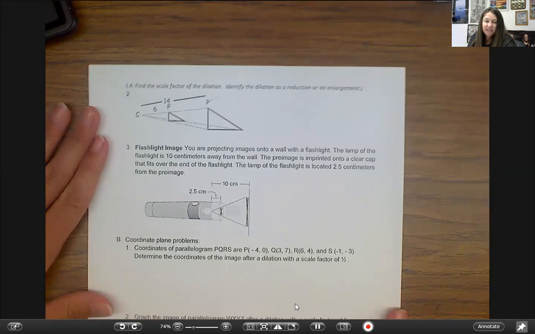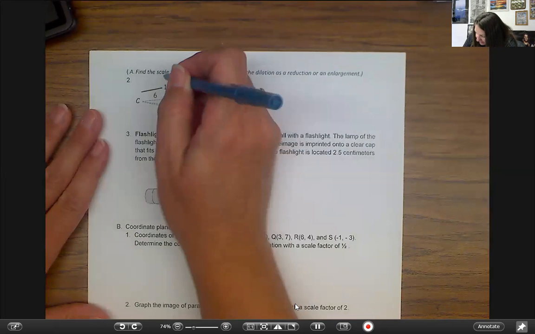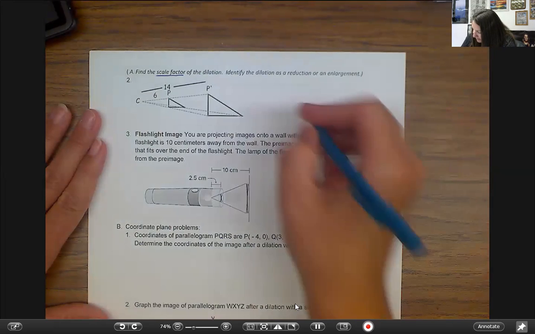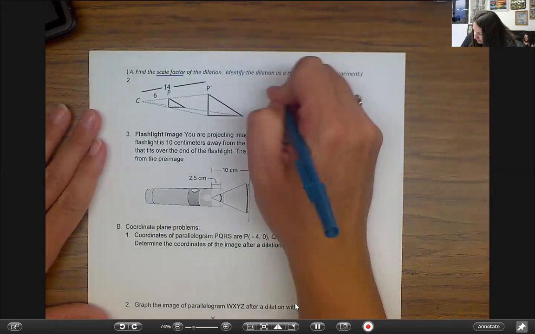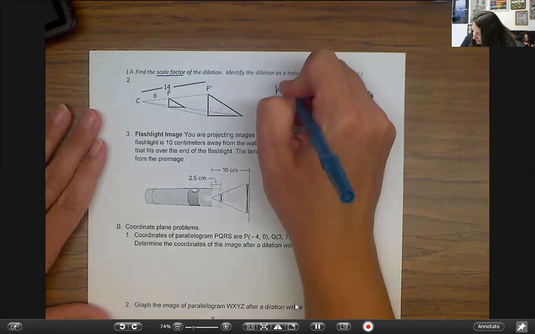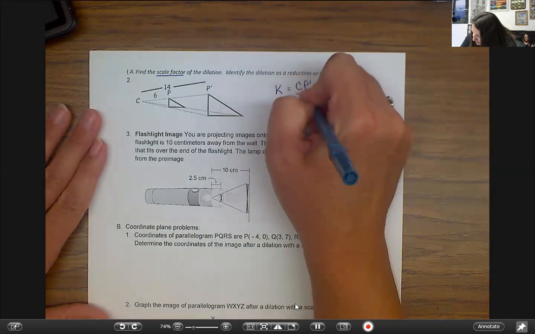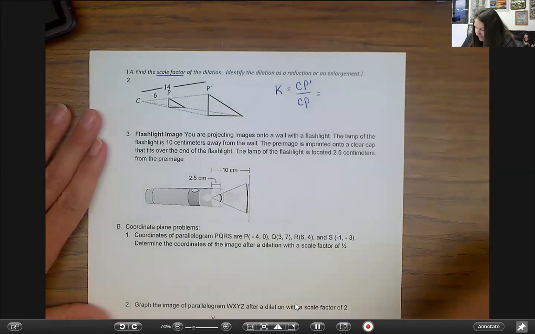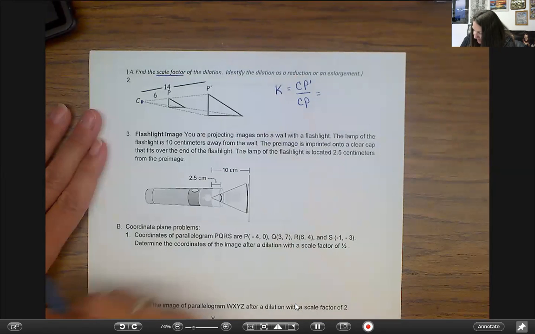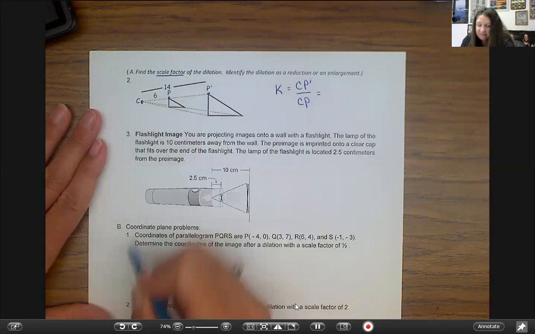Okay, so if we're going to look at number 2 here, find now the scale factor of our dilations. We're going to go back to what that formula was. We use K as our variable for a scale factor, and that formula was C to P prime over C to P. So I analyze where my center point is on my figure, and which is my pre-image point and which one's my image point.